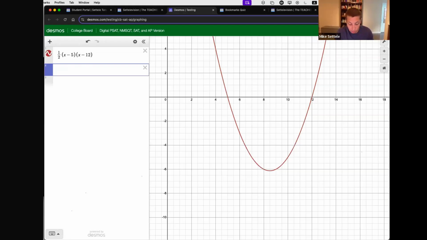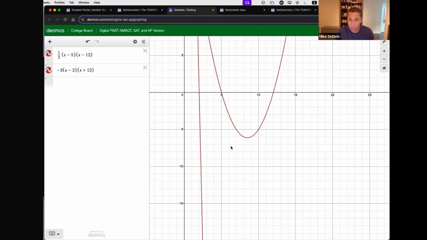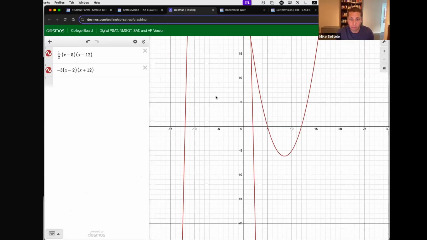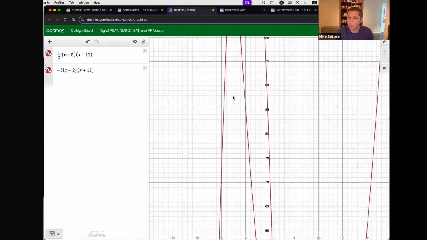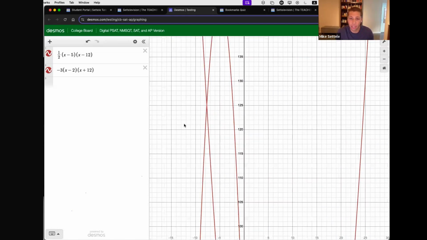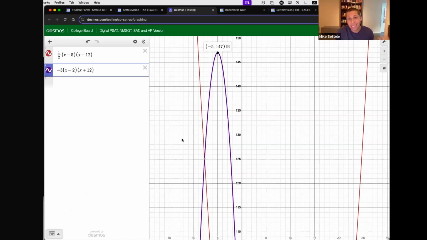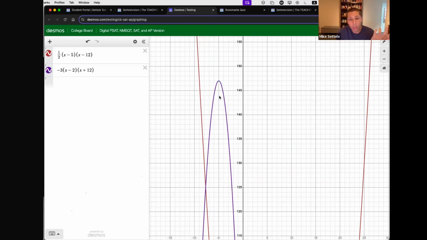So if I did the right answer, -3(x minus 2)(x plus 12), I don't know why it's red as well, but that's this one. Here it is. Look at how much I got to scroll to get that vertex, because it's, oh, and the colors are different. Oh, see here, I'll change it for you. Purple. There it is. We can see it does have the right vertex.